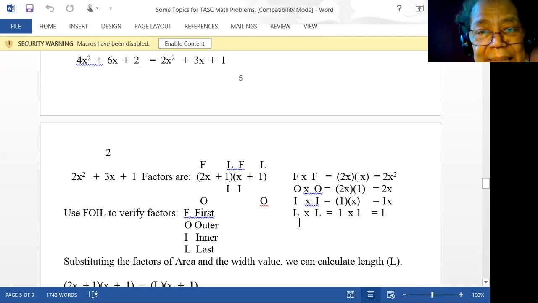And then the last, L, would be 1 times 1. Now notice you have 2x squared, 2x plus 1x gives you 3x, and then you have 1 as the constant, which exactly matches this polynomial, 2x squared plus 3x plus 1. All right?